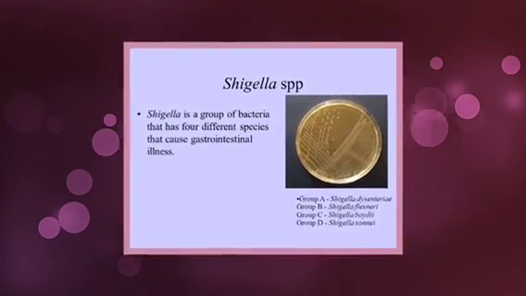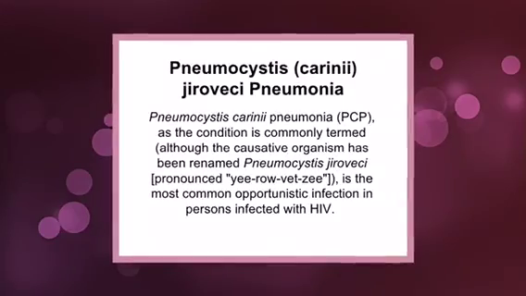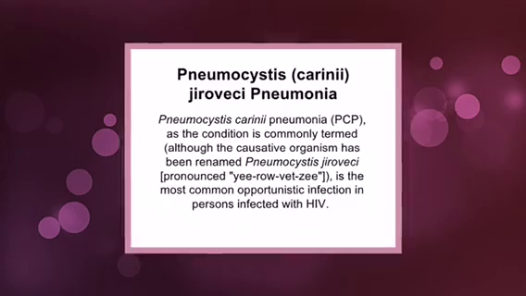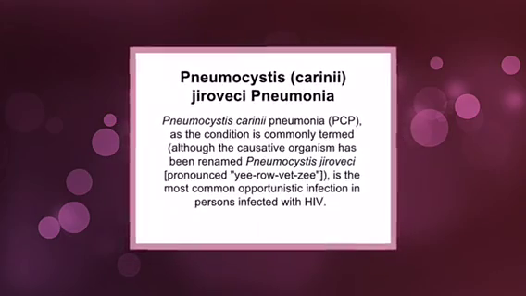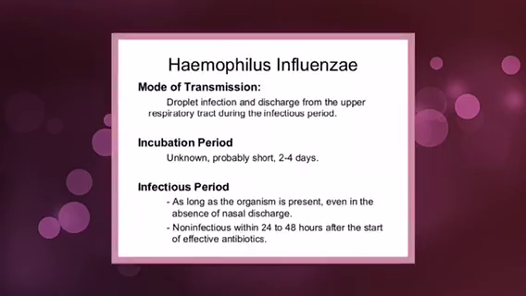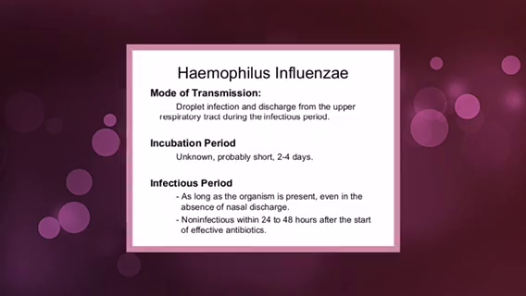Number 4, Shigella species. Number 5, Pneumocystis jirovecii, formerly known as Pneumocystis carinii. And number 6, Haemophilus influenzae.